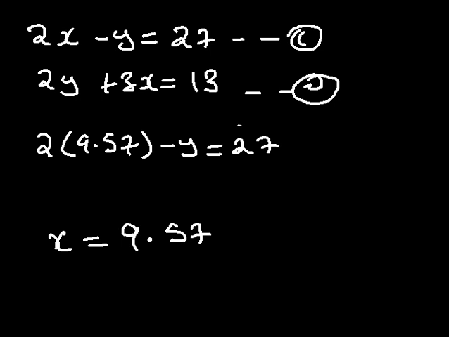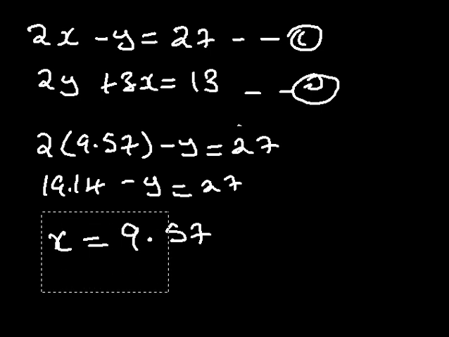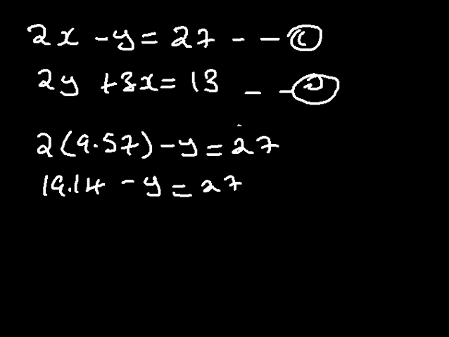We have it as 19.14. 19.14 minus y is equal to 27. So now in this case, I'll just have to transfer 19.14 to the other side. Then we'll have negative y is equal to 27 minus 19.14.